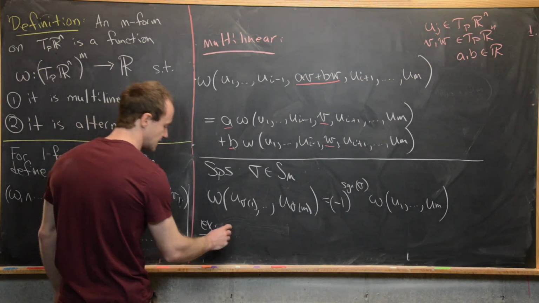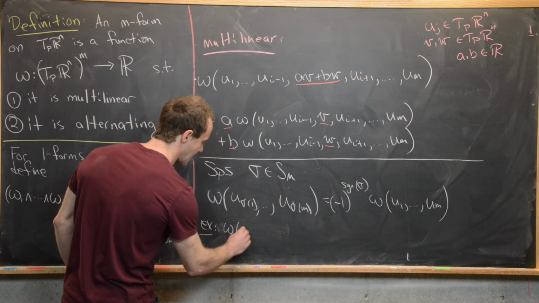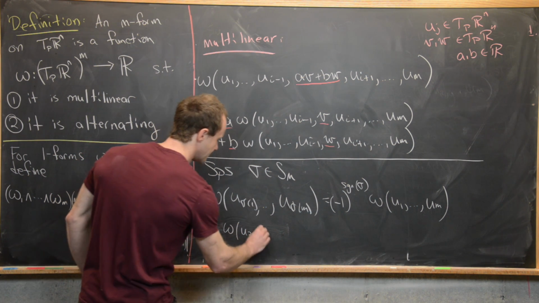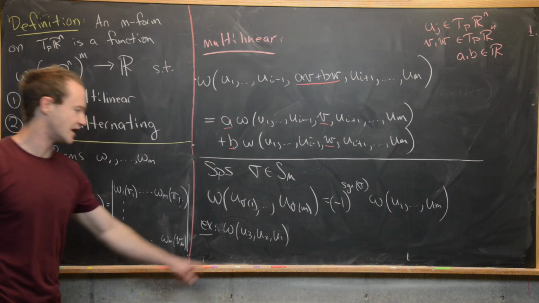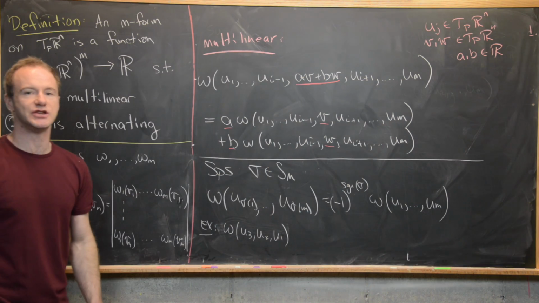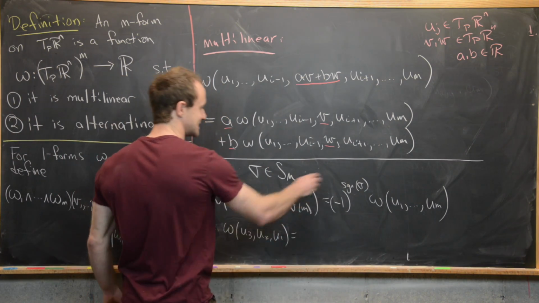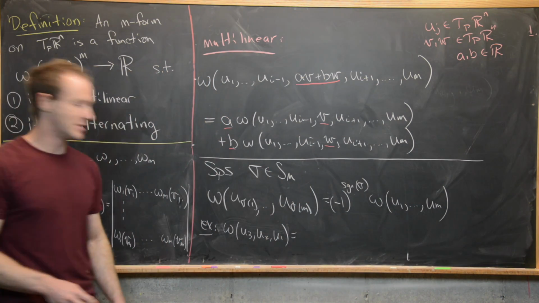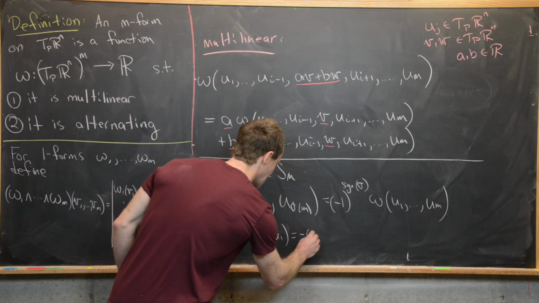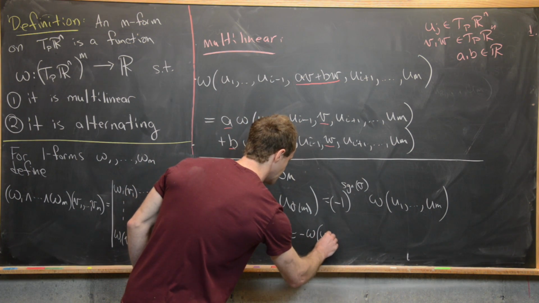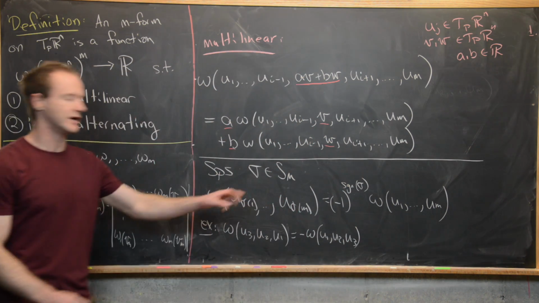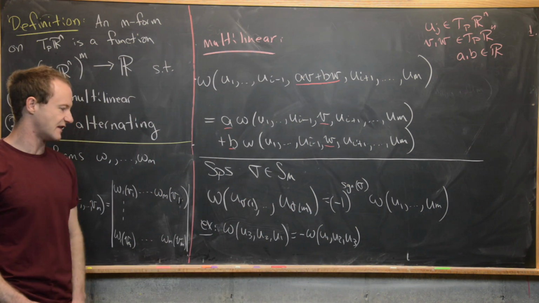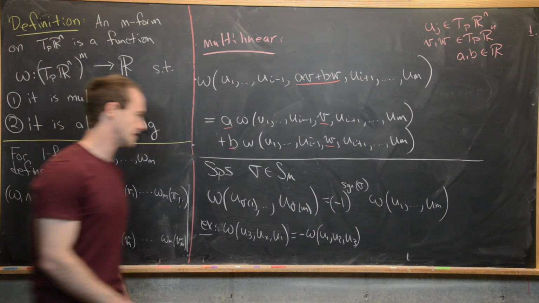So as an example, let's look at omega of u3, u2, u1. Notice the only thing that's happened there is we've switched u1 and u3. So that is an odd element of S_m. So we can rewrite this as negative omega of u1, u2, u3, because we've only done one transposition, of u1 and u3.